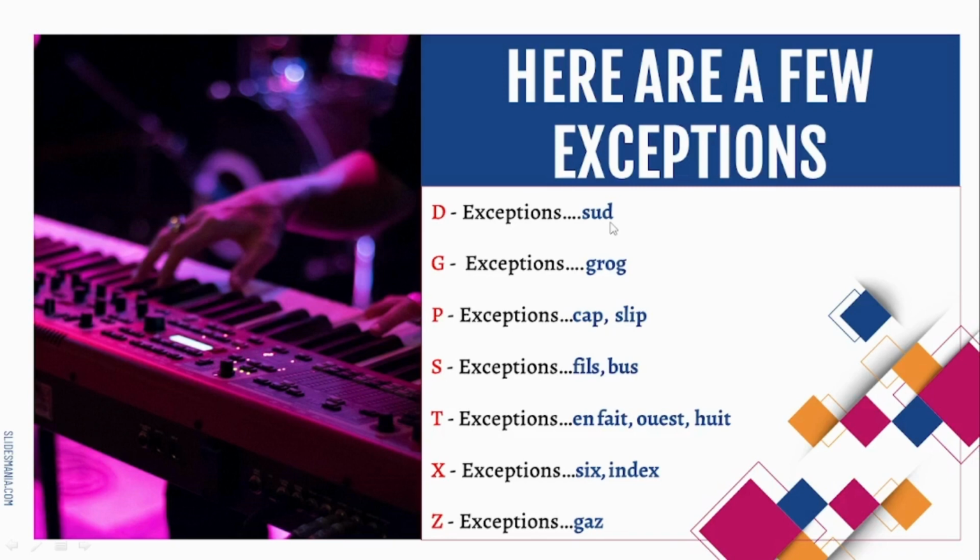But because the D must be pronounced for this word, as this particular word is an exception to the rule that we just went through, because that's the general rule in French that D's are not pronounced at the end of words. So this word here, sud, the D is pronounced in this word. That's an exception.